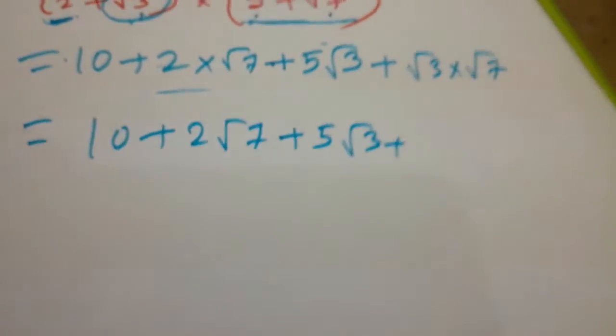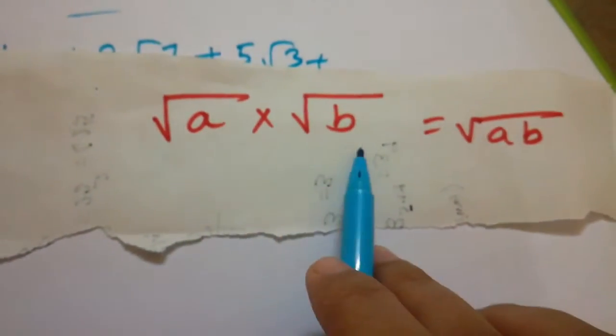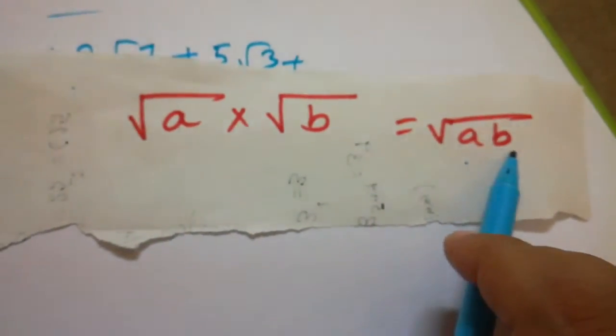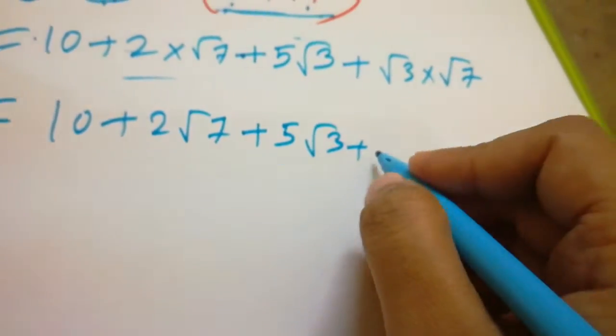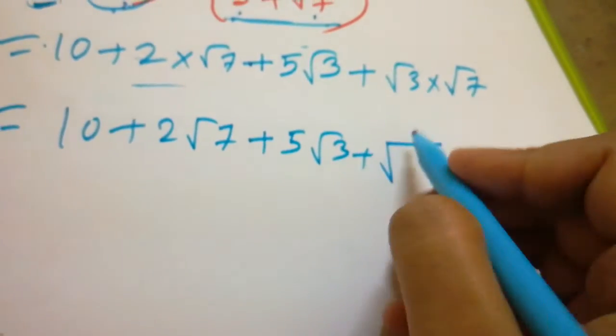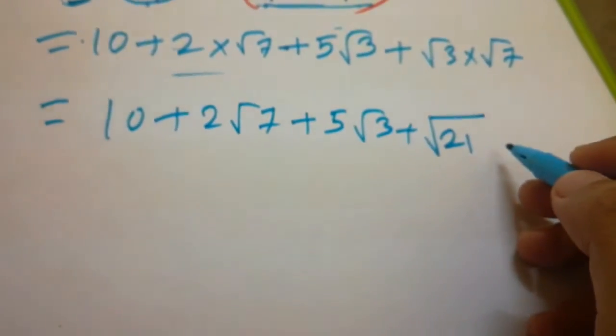Here we use the formula: root a into root b equals root of a into b. So root 3 into root 7 equals root of 3 into 7, that is root 21. And this is the final answer.